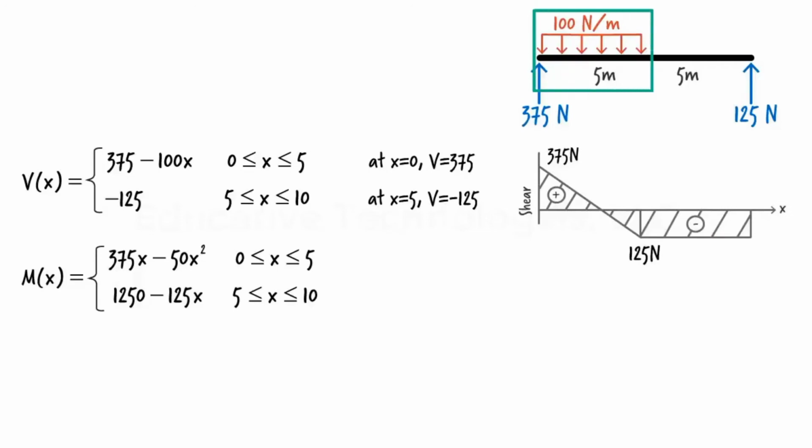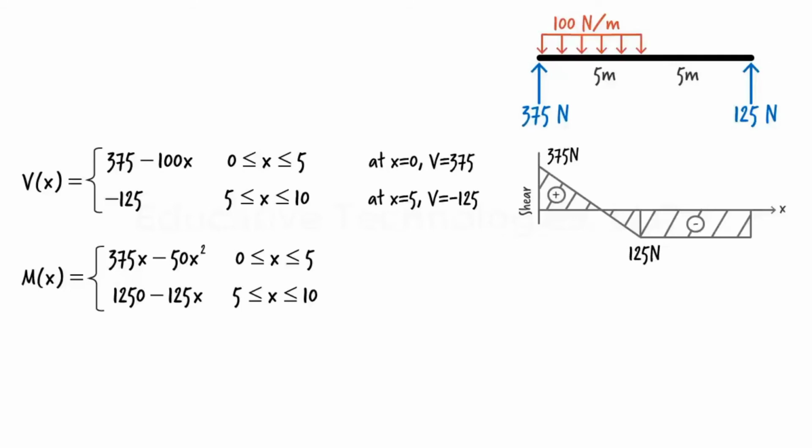For the first segment of the beam, where x is between 0 and 5, the moment equation is quadratic. This means we need more than 2 points to graph it. I'm going to use 3 points for generating the graph: the segment's endpoints, and the point where moment is maximum. How do we determine the point of maximum? We take the derivative of the moment equation with respect to x, set it to 0, then solve for x. That is, at the point of maximum, the derivative of the moment equation vanishes.